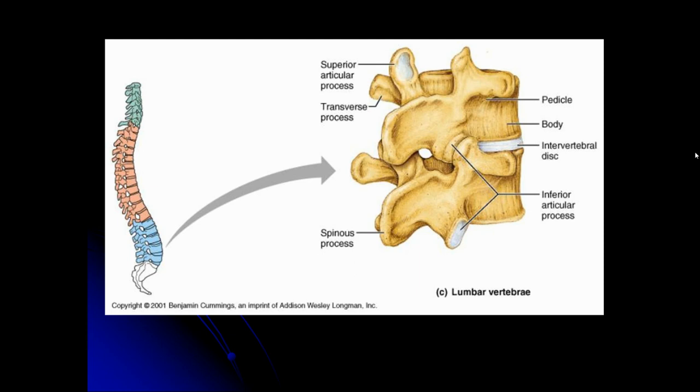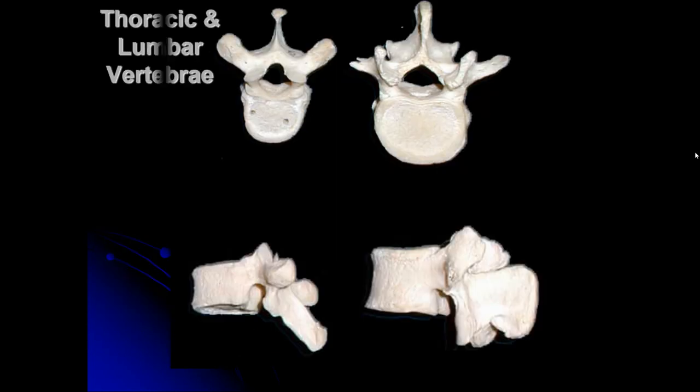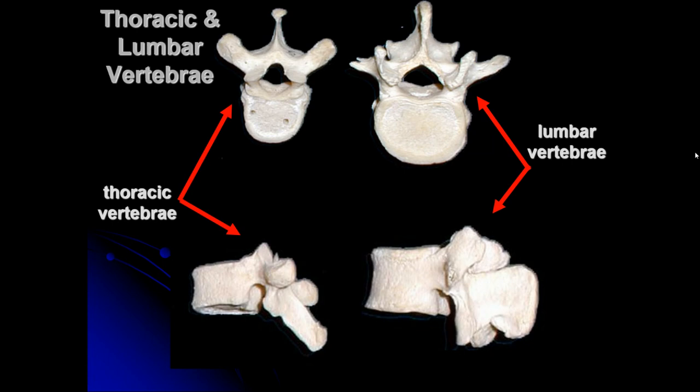Remember, there are only 5 of these, and there are no ribs attached, so there are not going to be any facets. But again, the easiest way to differentiate between thoracic and lumbar is to look at these superior and inferior articulating processes. Remember, in thoracic, they're flat, but in lumbar, they're curved, and they're curved medially.